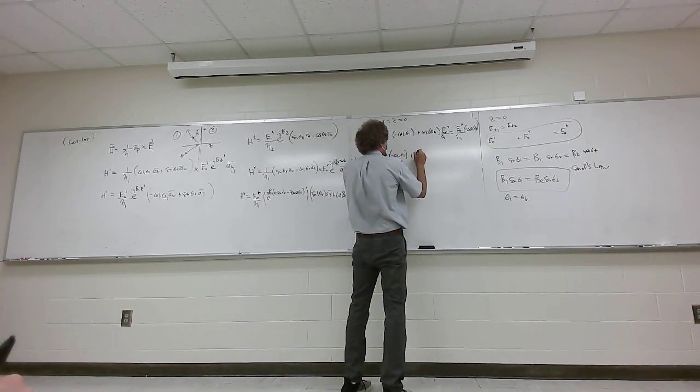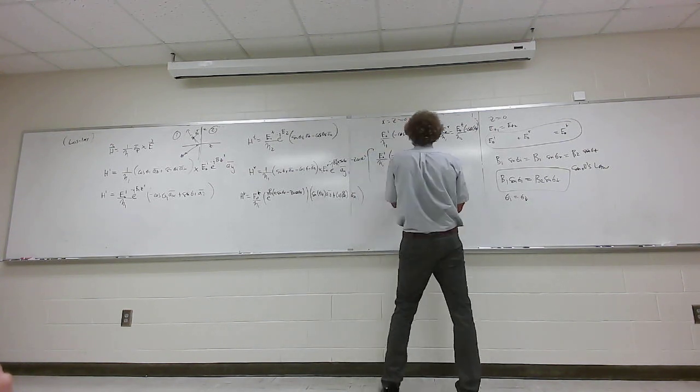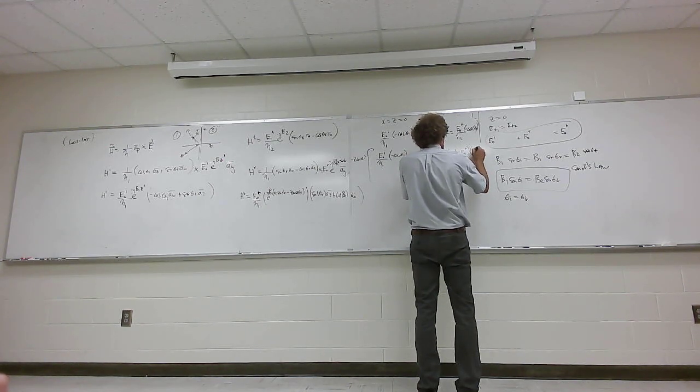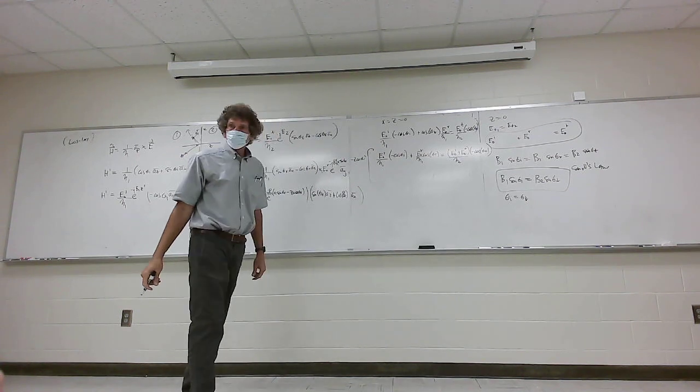Plus, and I'll call it E naught reflected over a to 1 times cosine of theta reflected is equal to E naught incident plus E naught reflected over a to 2 minus cosine of theta transmitted right there. Y'all follow me? I just stuck it in.